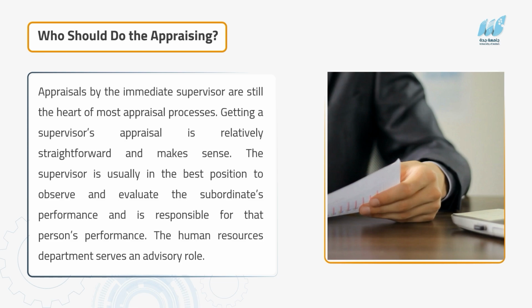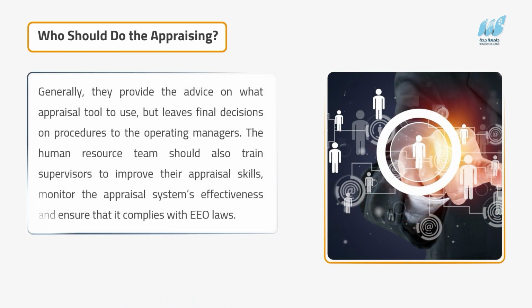The Human Resources Department serves an advisory role. Generally, they provide advice on what appraisal tool to use, but leave final decisions on procedures to the operating managers. The human resource team should also train supervisors to improve their appraisal skills, monitor the appraisal system's effectiveness, and ensure that it complies with EEO laws.